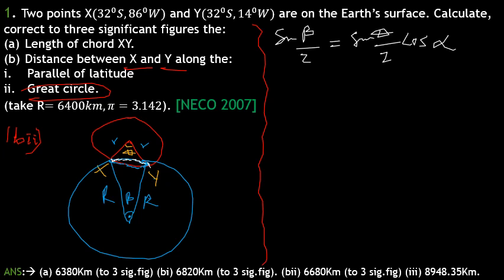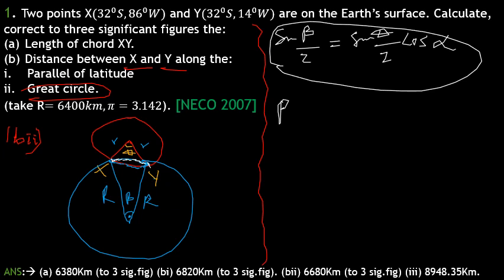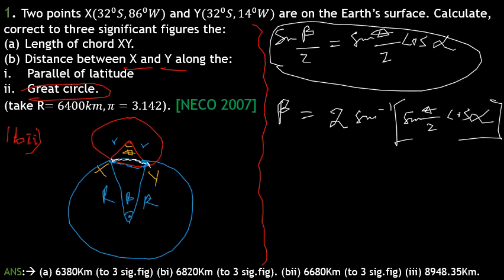This is the formula that can aid you to find beta, because once we find this angle, then we can find the distance along the great circle. Again, you can make beta the subject of the formula, and that gives you 2 sine inverse of sine theta over 2 times cos alpha. With this we can find the angle, and after that we find the distance along the great circle.